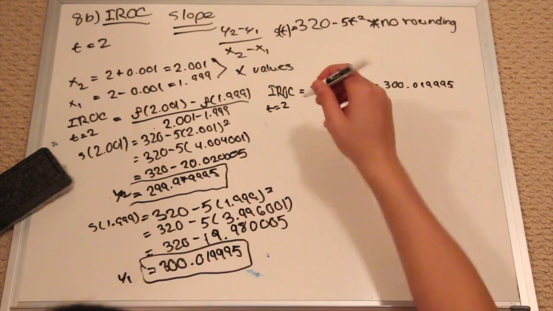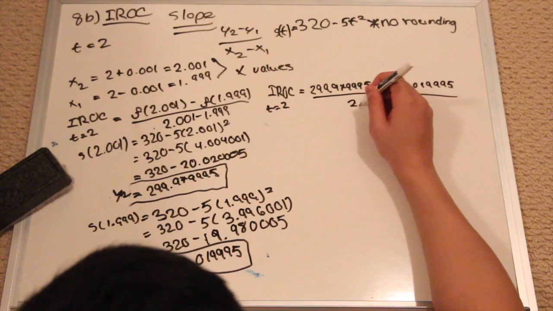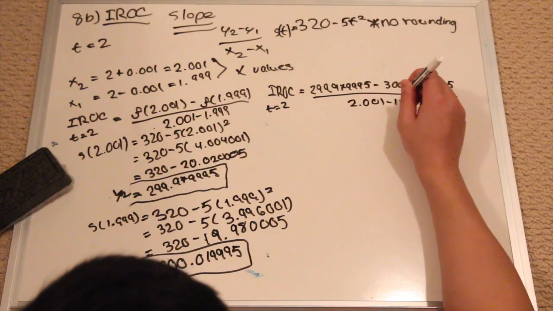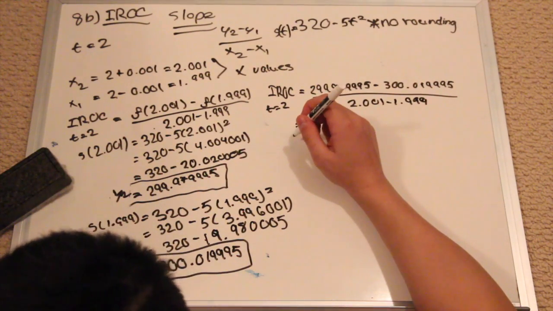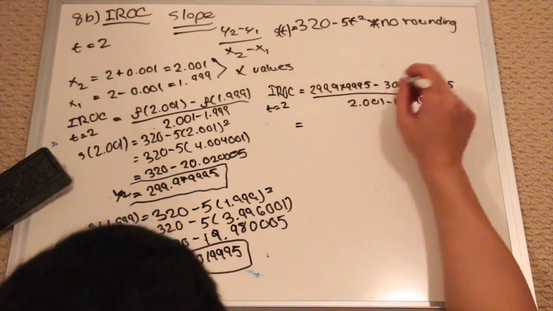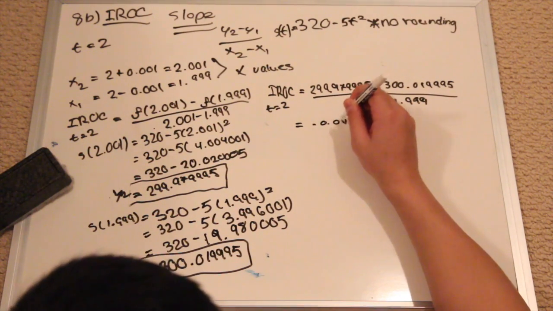So this is our equation, and then it's going to be x2 minus x1, so it's going to be 2.001 minus 1.999.